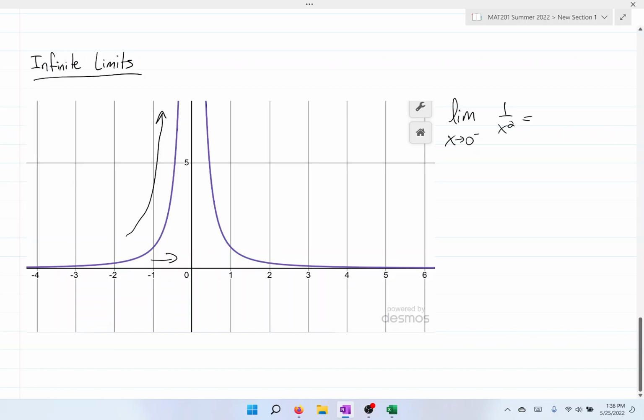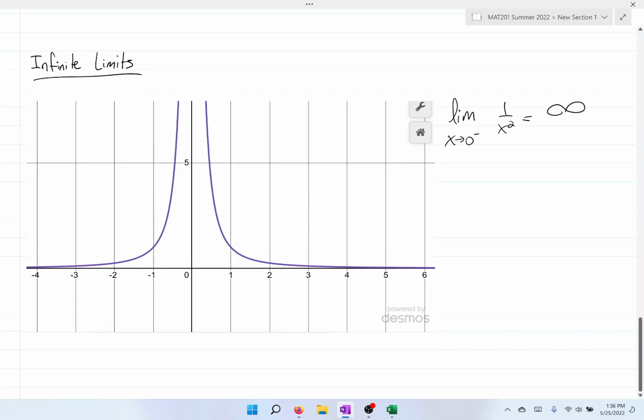It doesn't really approach a value because it just gets closer and closer to the y-axis, which is, ironically, a vertical asymptote here. So we would say that this limit equals infinity because it just keeps getting larger and larger.